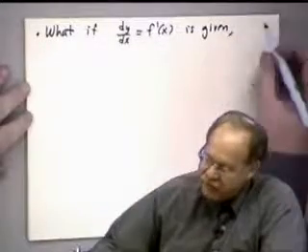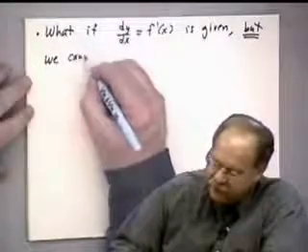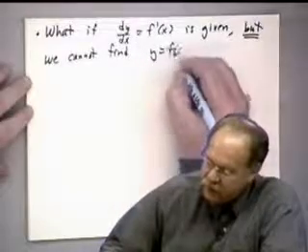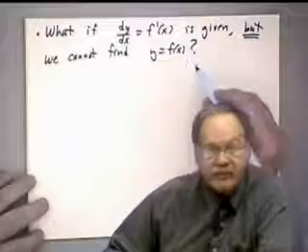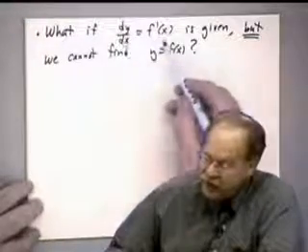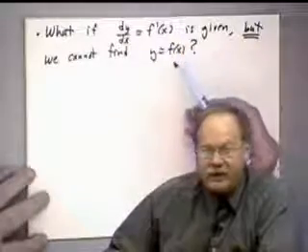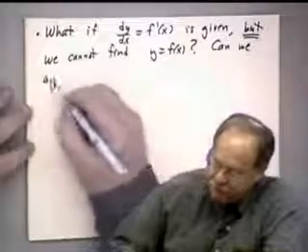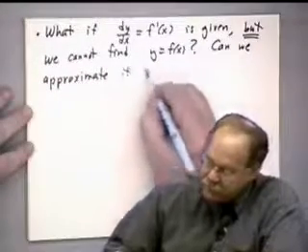What if the derivative is given, but we cannot find y equals f of x? Perhaps we just don't know enough, perhaps it's impossible, perhaps it's just very hard. What if we have that derivative, which is a lot of information really, but we can't find the function? Can we at least approximate it somehow?